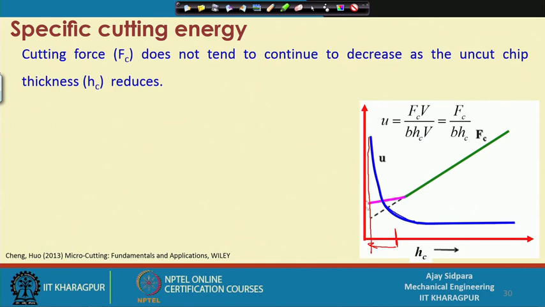So, now we are talking about uncut chip thickness in this particular range. We can think about the specific cutting energy of grinding, because when you do a grinding operation, your chip thickness is very small compared to your turning operation and the milling operation. So, this increase of the specific cutting energy is directly connected with the uncut chip thickness reduction with respect to reduction in the cutting force, and that is what is happening here.